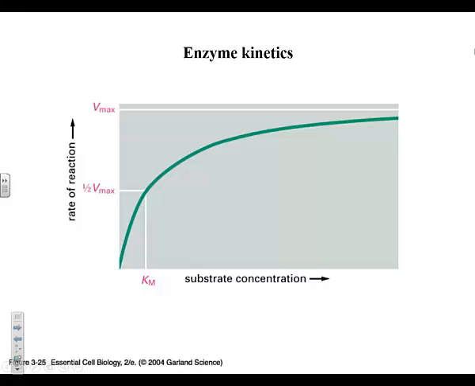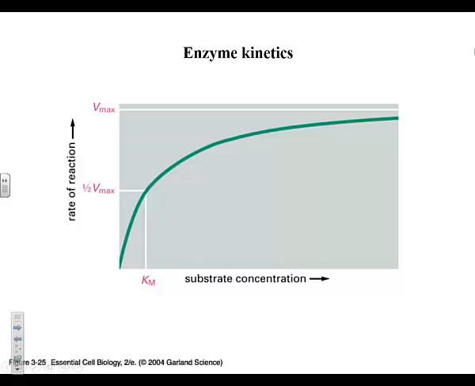Jesse? So essentially, the higher up that it plateaus, the more effective it is. So the closer it is to doing the maximum rate of reaction, plateauing. Right. So there are two things to look at. A very high Vmax, as Jesse just said, a very high number of substrate that it can bind, very efficient.